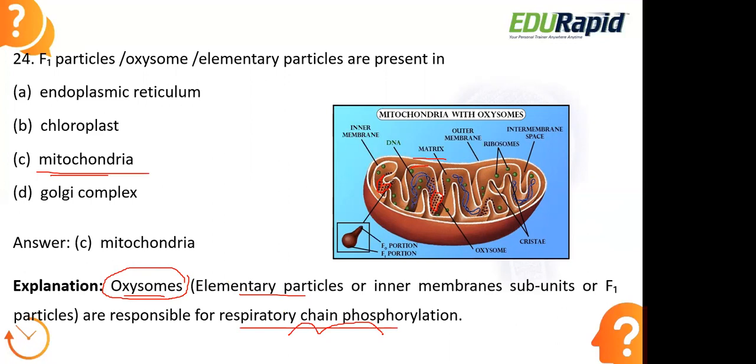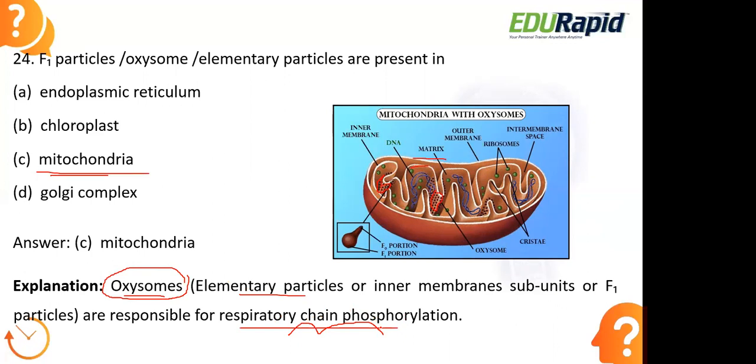So why does it have to happen? What is the function of this? Respiratory chain phosphorylation has to happen because it is responsible for the synthesis of ATP, ADP molecules, that is the energy molecules: adenosine triphosphate as well as adenosine diphosphate molecules, which release energy that is required for our body.